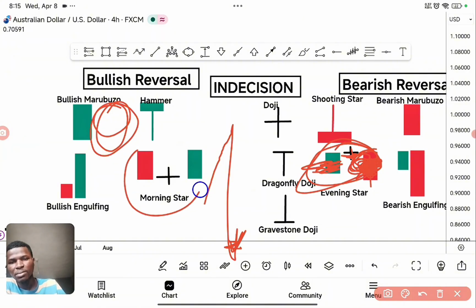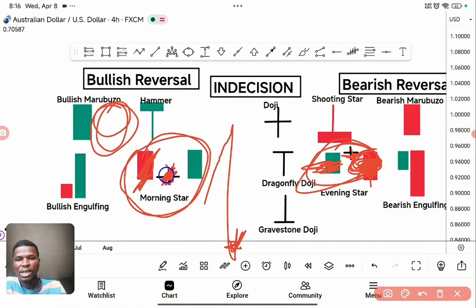Likewise, the morning star is a three-candle pattern. Let me talk about what each candle represents. This one means the sellers are in control. This indecision candle means the sellers are losing momentum. There's indecision. They are losing momentum.